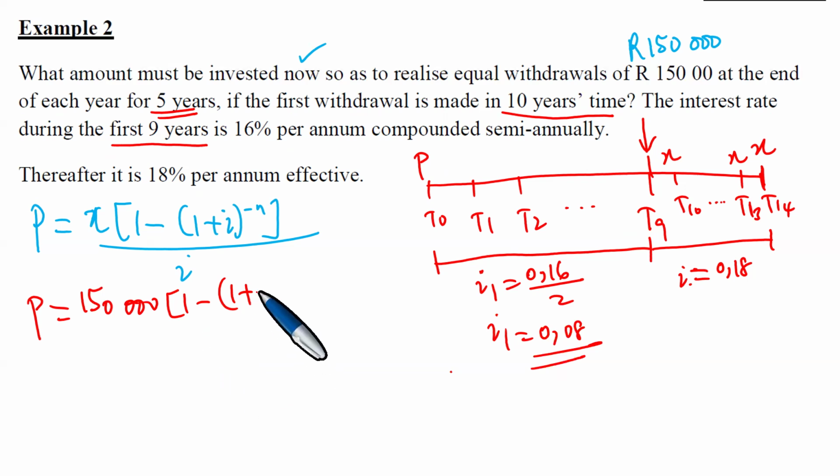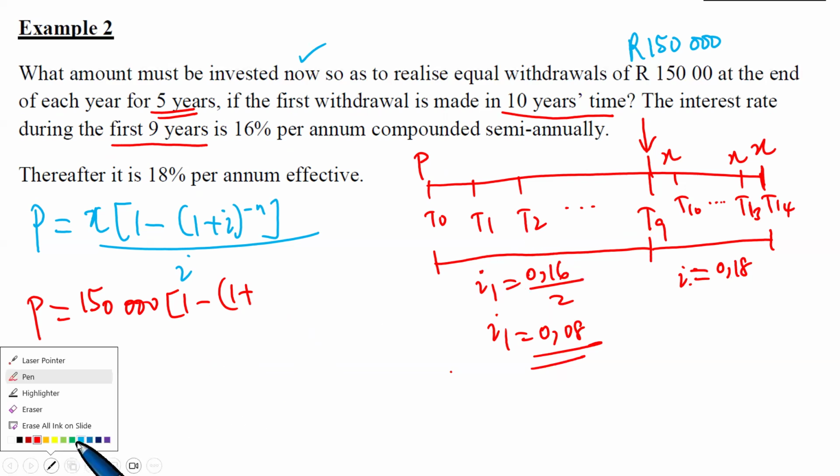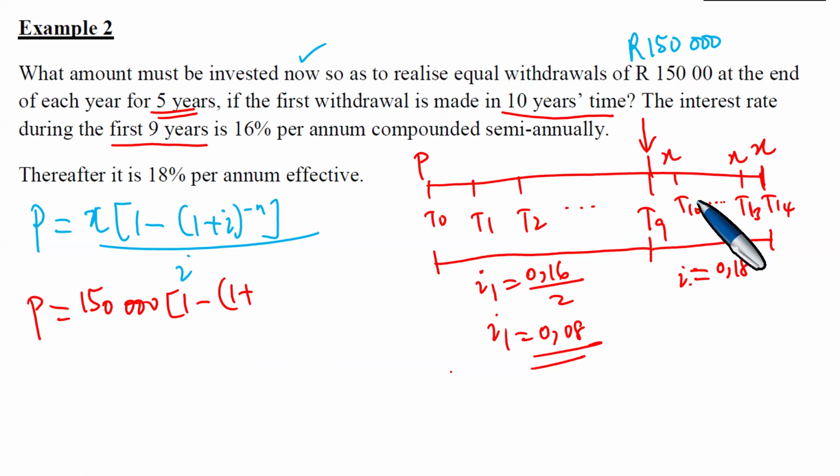Semi-annually. So now this one is going to be, you're going to take this amount X. So the present value, if the present value therefore is to sit here, you're going to take this amount for the 0.18 effective, and you're going to raise it to 5 years, because of the 150,000.